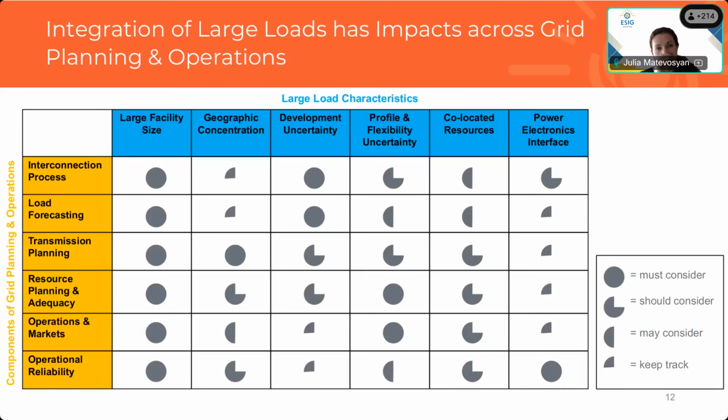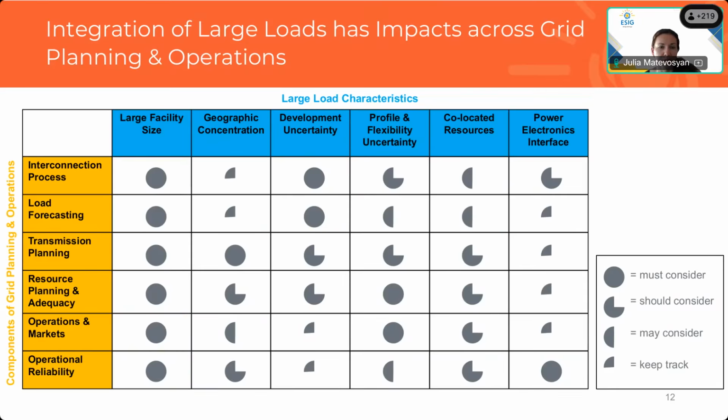We try to classify the importance of different large load characteristics on components of grid planning and operations. This is something maybe a little bit subjective, and we're still working on it, but we work through a scale of importance from must consider this detail, should consider, may consider, or just keep track of this detail.